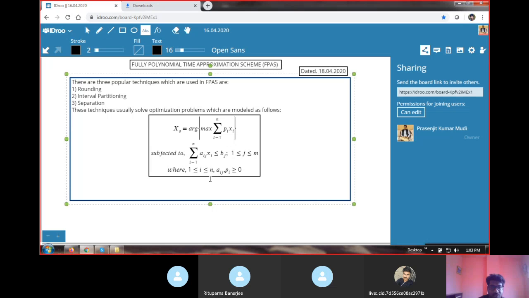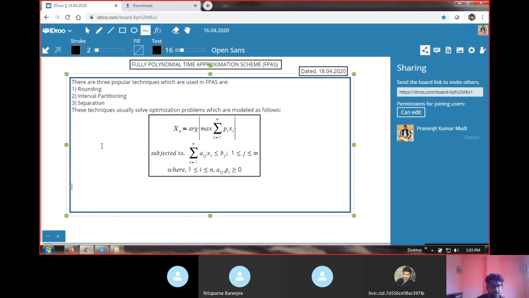So this is a generalized model of an optimization problem.